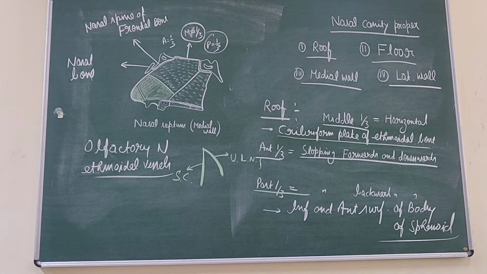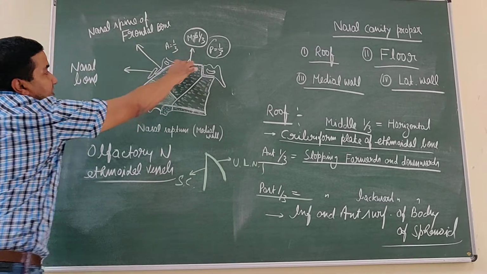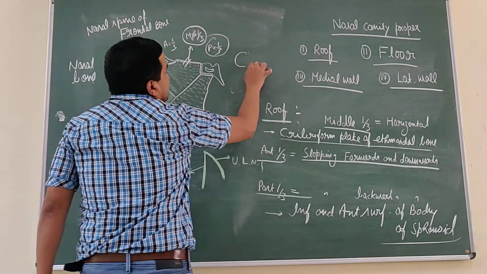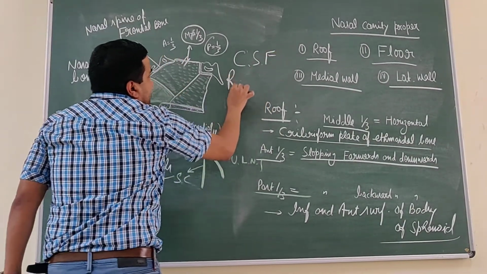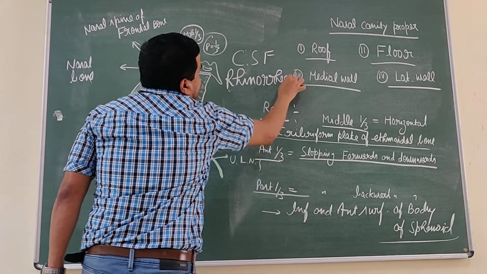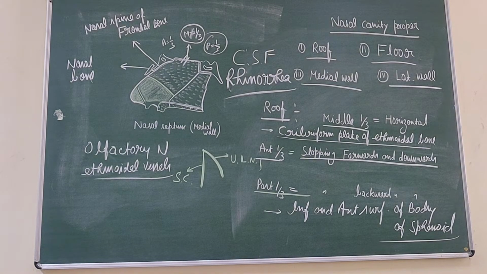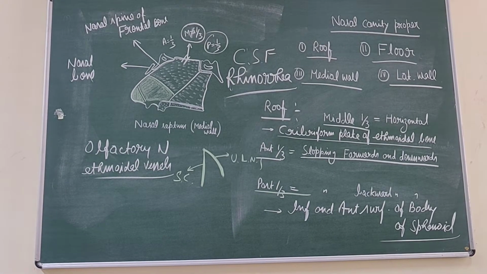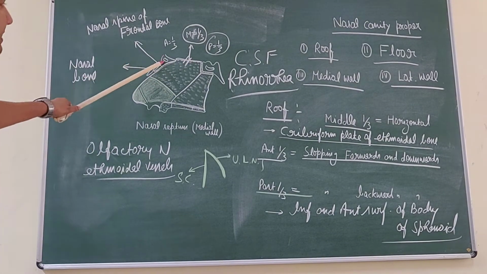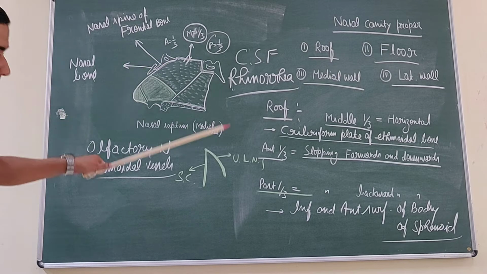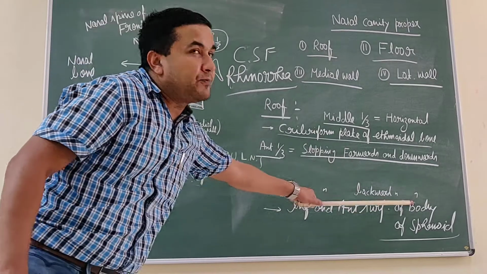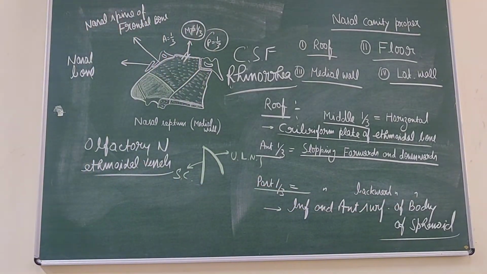So if this plate fractures due to trauma, it leads to CSF rhinorrhea, which means CSF comes out from the nasal cavity. The anterior part is the nasal bone, frontal bone and cartilage, and the sloping posterior 1/3 is formed by the body of the sphenoid. Simple.